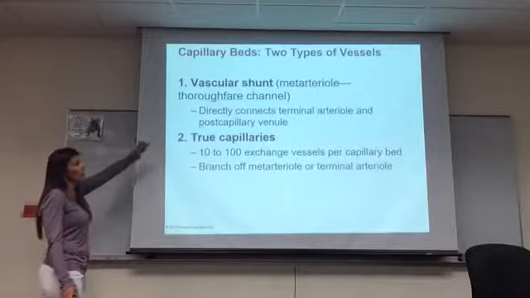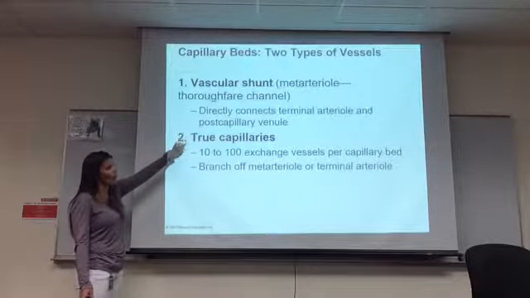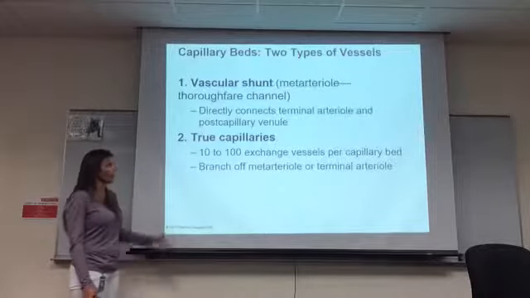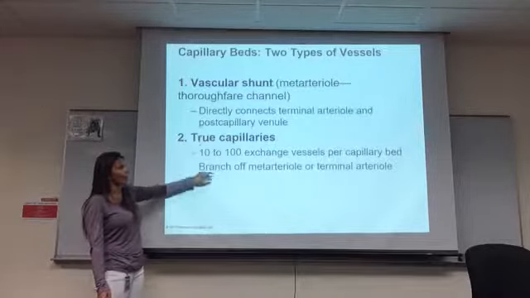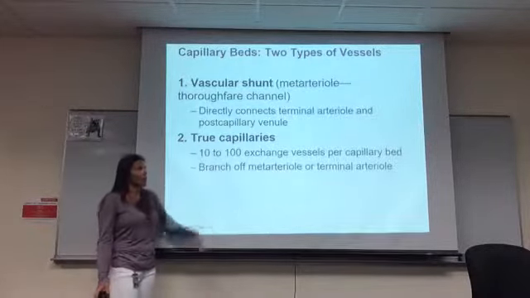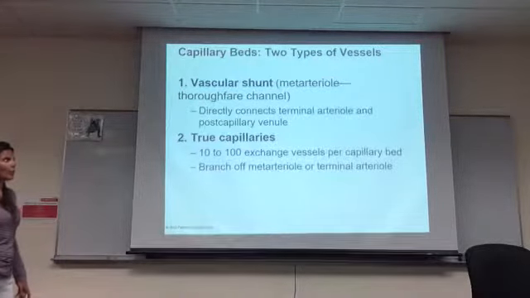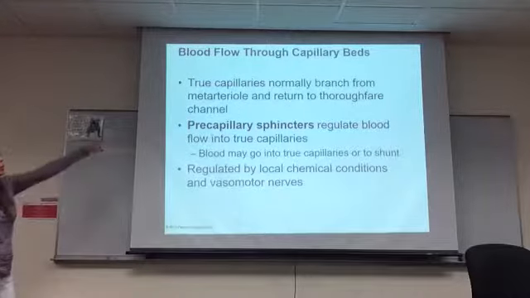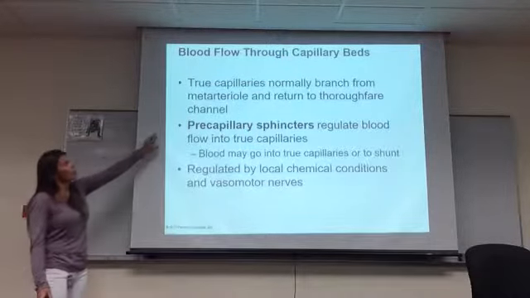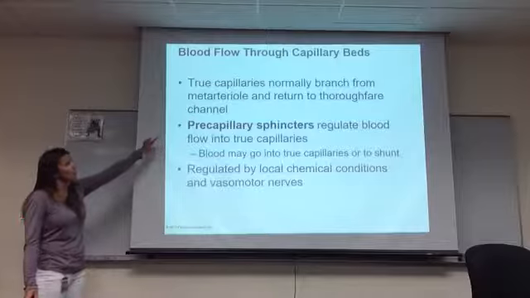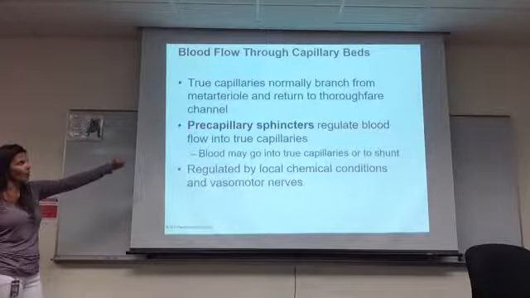Okay, so it determines whether we're going to open it or close it, depending on what blood flow is necessary. True capillaries branch off the meta-arteriole, and then they're going to go right back to that venule. So I'll show you what I'm talking about when I get to that picture. Precapillary sphincters are going to be what allow for that blood to go back and forth.